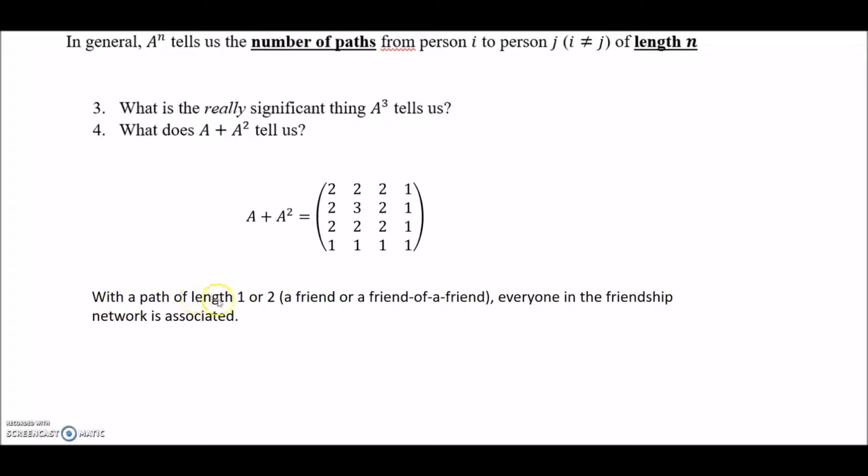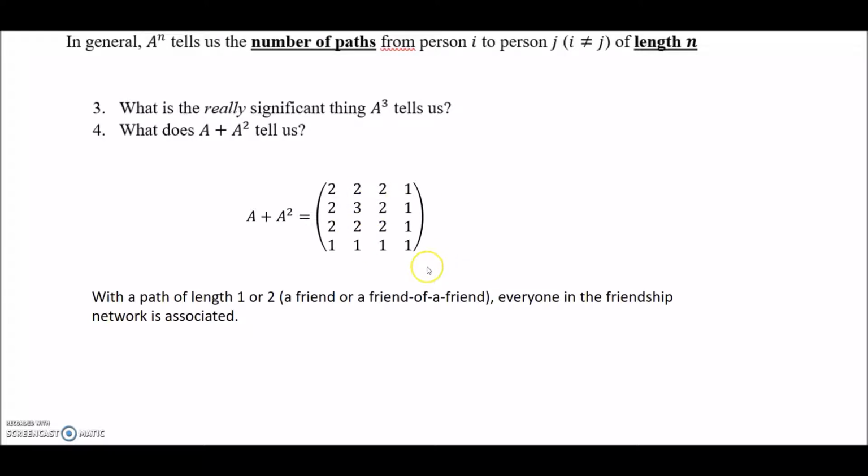So with a path of length 1 or 2, a direct friend or a friend of a friend, everyone in the friendship network is associated. That's good news. We can tell that everybody, if they're not friends, they're definitely friends of friends, and that would tell us the minimum, what we call the degrees of separation, how many friends of friends people are connected by.